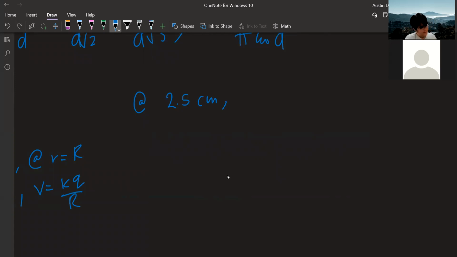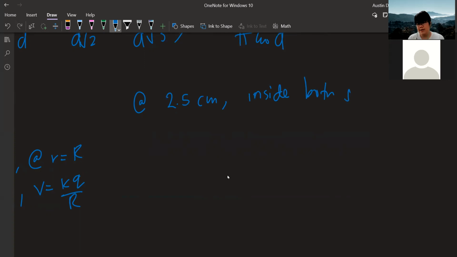Wait lang. We are inside both spherical shells.